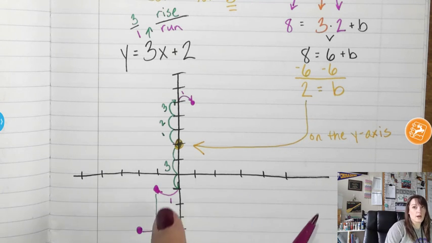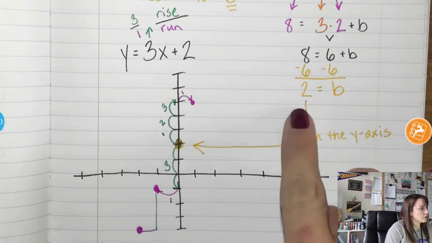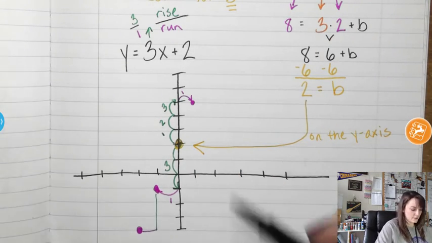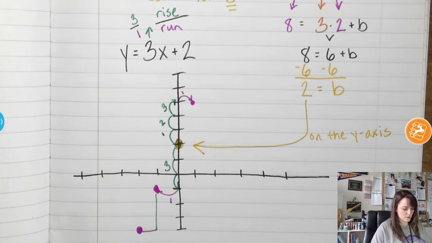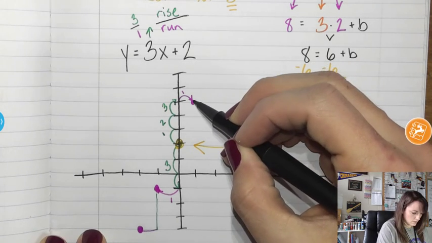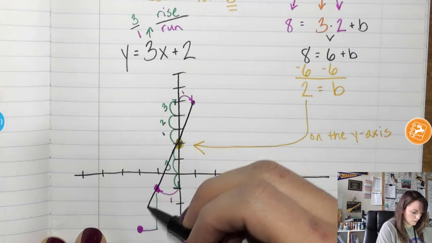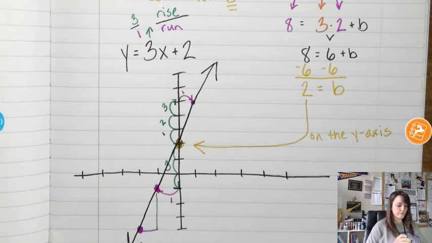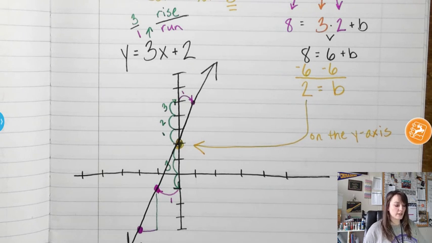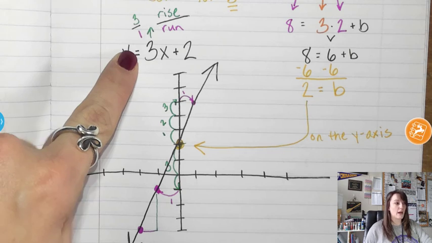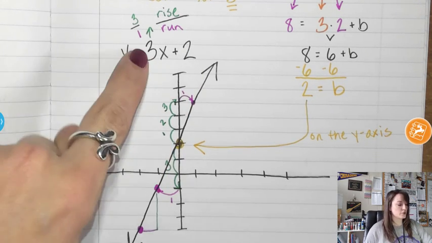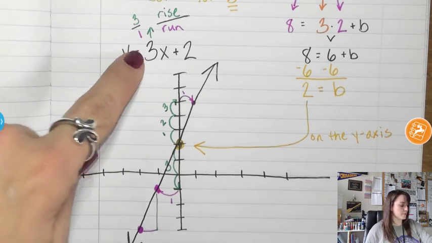And it would just keep going, up 3 over 1, up 3 over 1, up 3 over 1. So your graph, your line, looks like that. So you can graph straight from the equation without having to do coordinates. Start with your y-intercept, and then just do what the slope says. This is up 3 over 1.